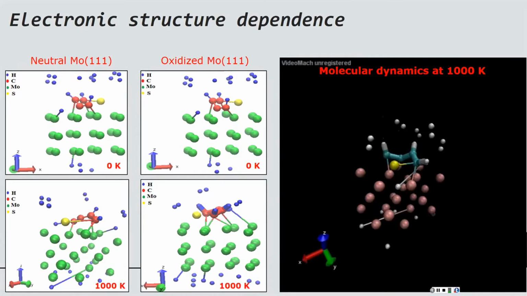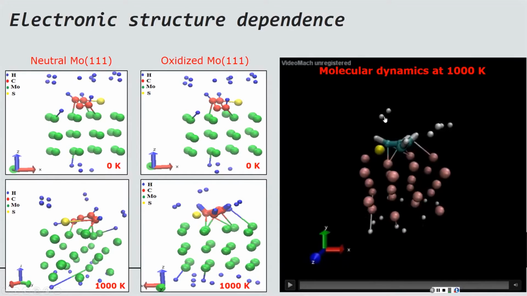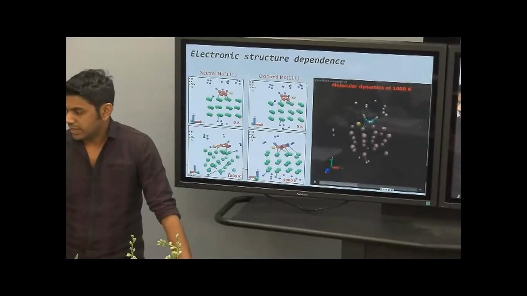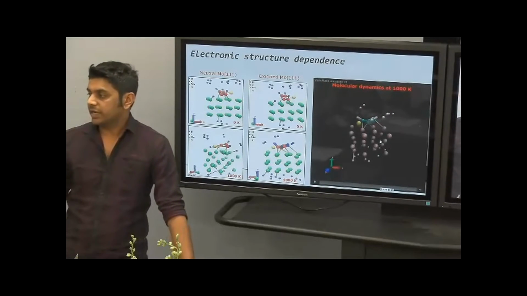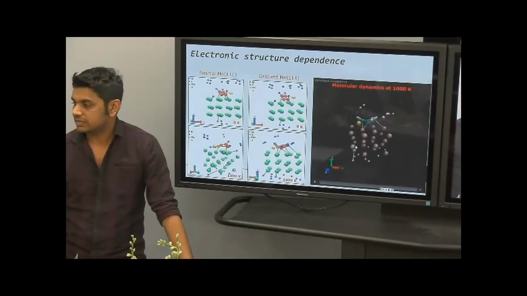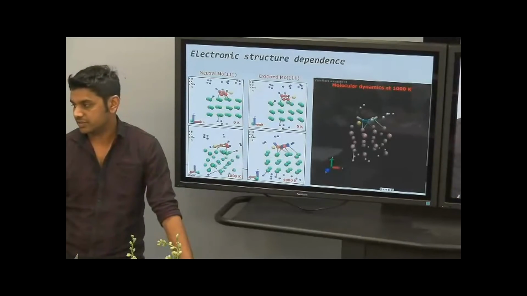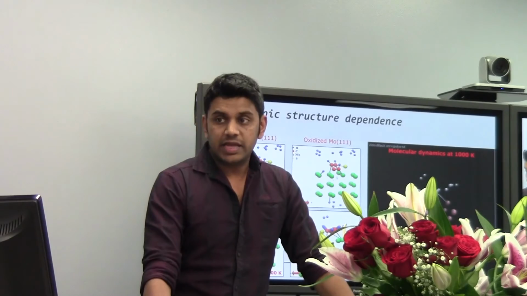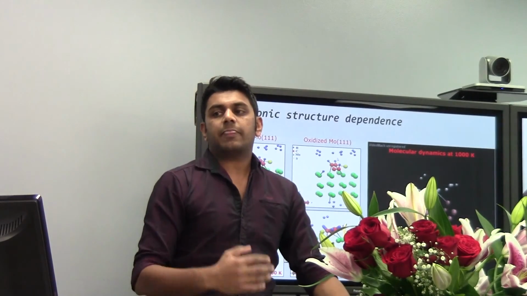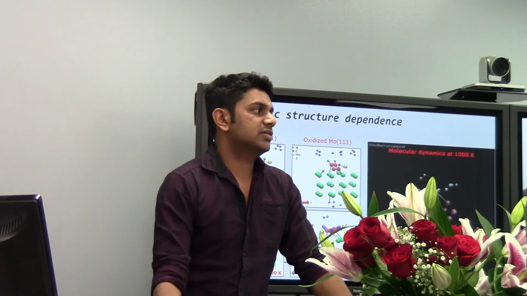This movie illustrates the dynamics of the thiophene molecule adsorbed on the oxidized molybdenum surface. As you can see, after heating to 1000 Kelvin, these carbon-sulfur bonds are instantaneously dissociated. That means these oxidized molybdenum surfaces can be used as catalysts for the hydrodesulfurization reaction.